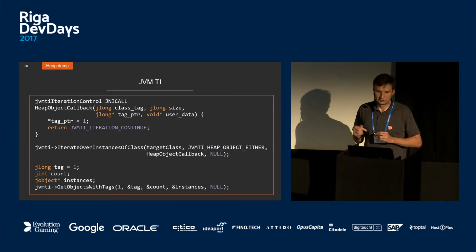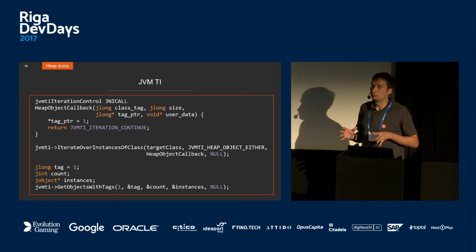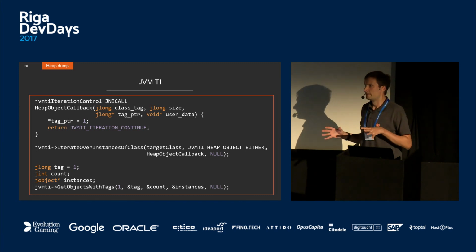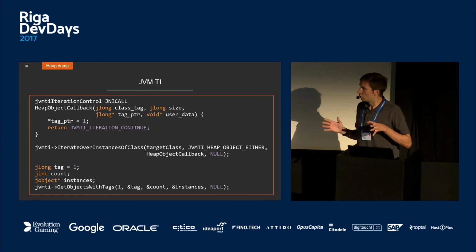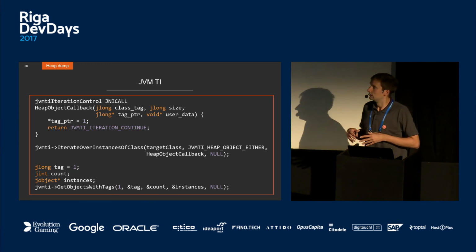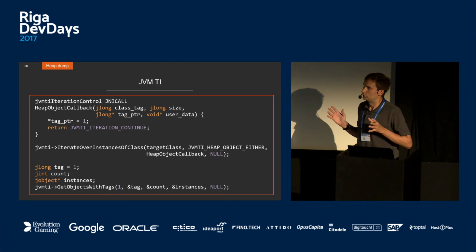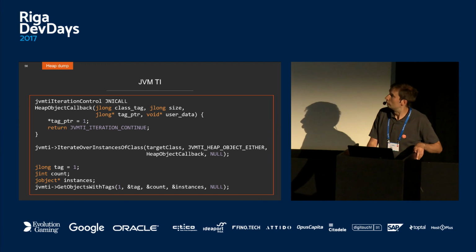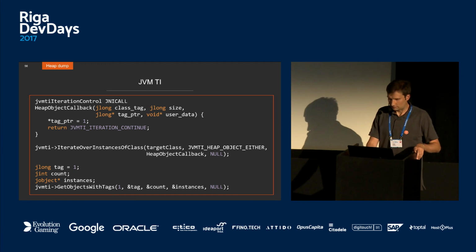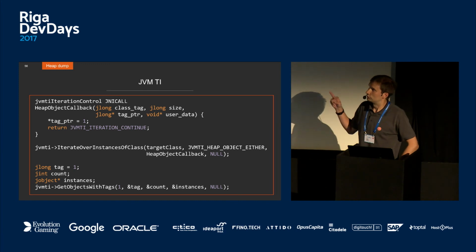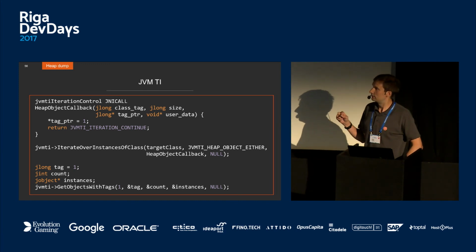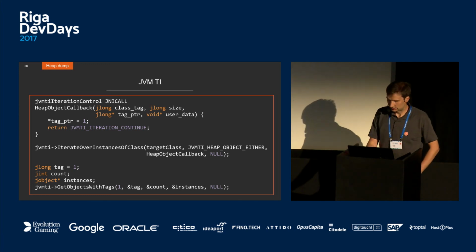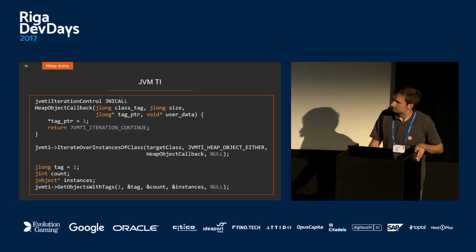Using this method, you can iterate not over all classes, but if you need just to traverse some objects of some given class, for example, you want to find only strings in your application, then you can iterate only over strings. And this is done in two steps. The first just tags the objects of the given class, and the second call, GetObjectsWithTags, returns an array of jobjects.